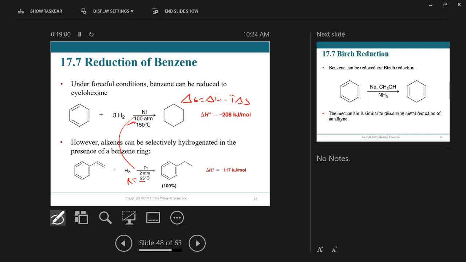So we're just at 2 atmospheres, and we can hydrogenate that double bond. So now this double bond here is saturated, but it's not touching anything inside. And the only way you know this is you have to do it experimentally.